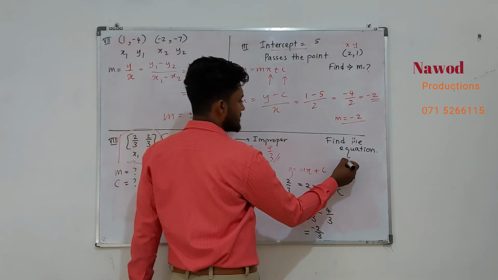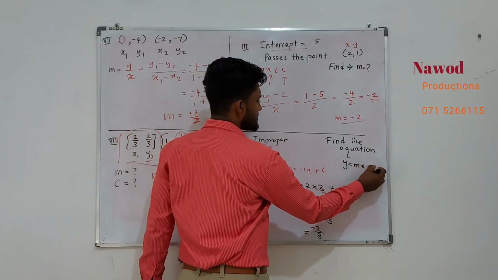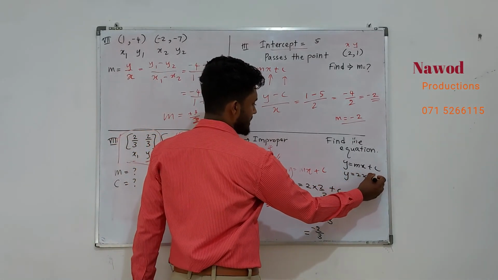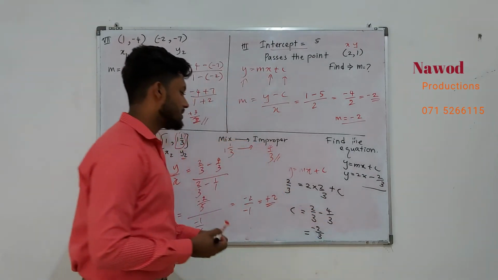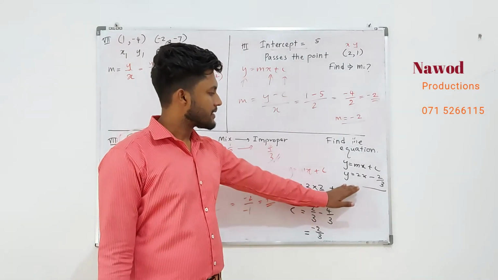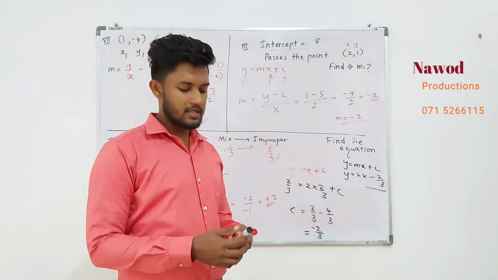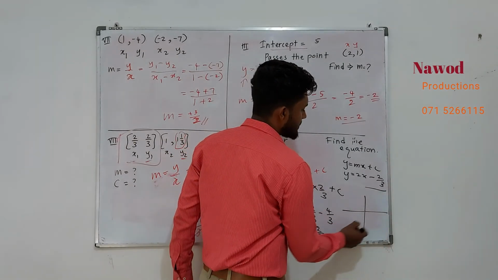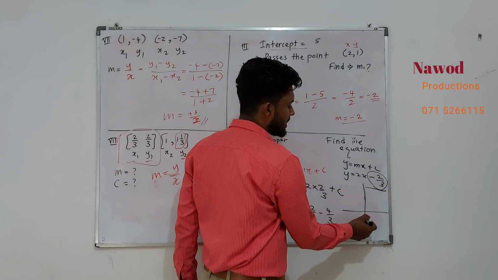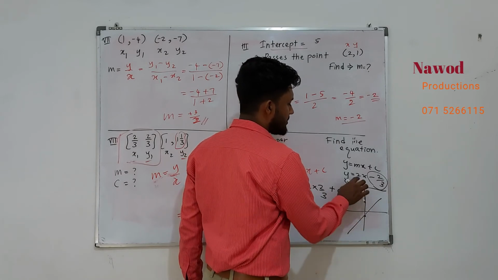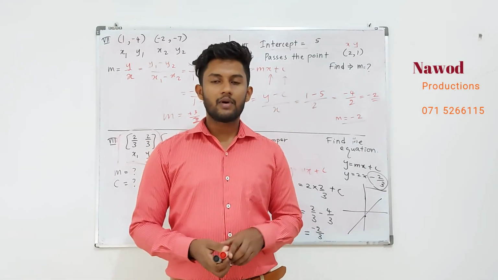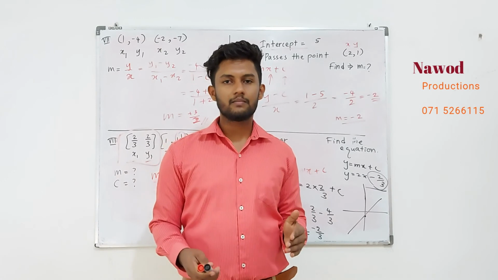Then the equation is y equals mx plus c, so y equals 2x minus 2 over 3, because the intercept is a minus value. You can say this line passes through minus 2 over 3 on the y axis. M is positive, so you can imagine this type of graph by considering this lesson.